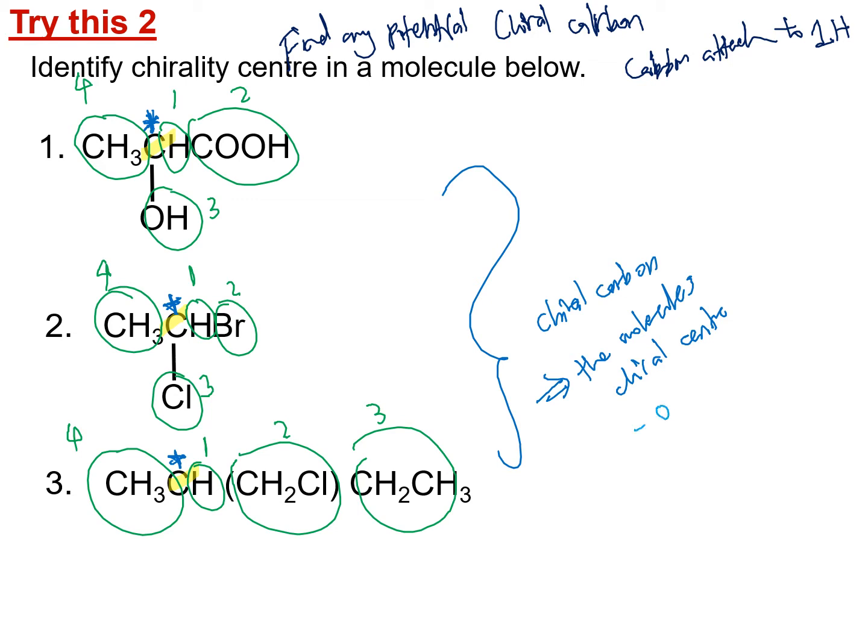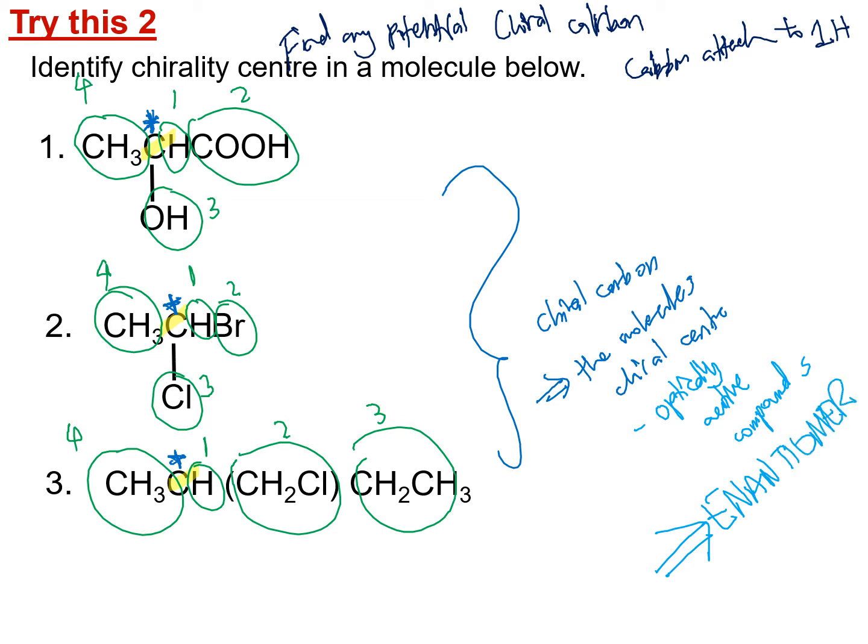Therefore all of these 3 compounds, these 3 organic compounds, all of them are optically active compounds. So bila dia adalah optically active compounds, makanya dia boleh buat enantiomers. Enantiomers ni apa? Sepasang isomers yang mirror image.